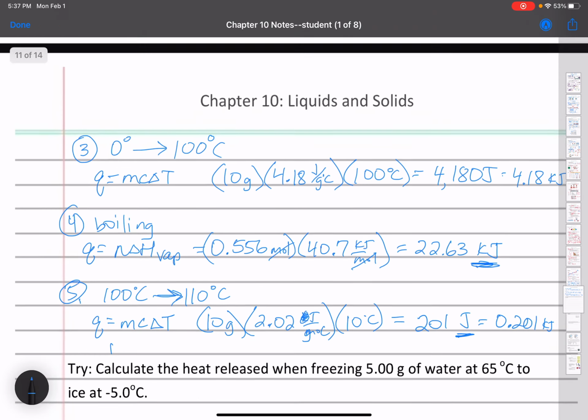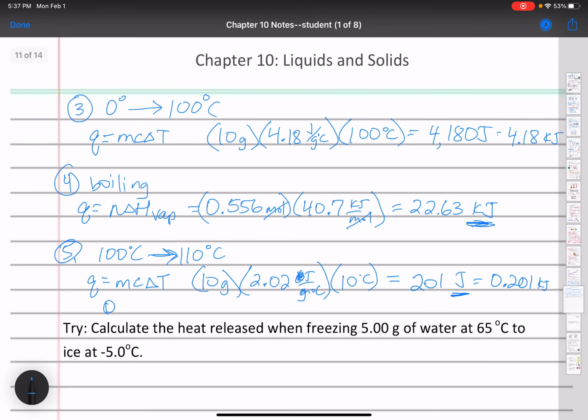So now I can add them all up. So we've got 0.209 kilojoules plus 3.34 kilojoules plus 4.18 kilojoules plus 22.63 kilojoules plus 0.201 kilojoules.